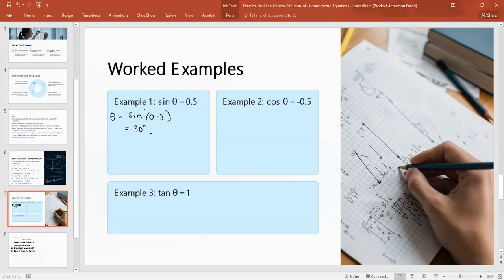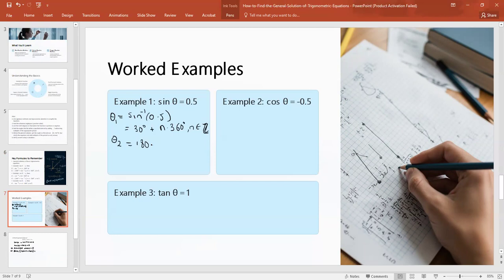According to the periodicity of the sine function, we have to add multiples of 360 degrees to this solution, with n an element of the integers. And remember the second solution here. Let's call this theta 1 and let's call this theta 2. The second solution would be, as we mentioned in our previous slide, 180 degrees minus 30 degrees, simply because the sine function is positive, according to the CAST diagram, in the second quadrant.